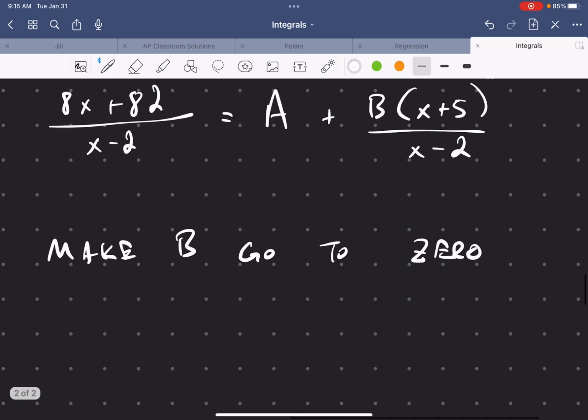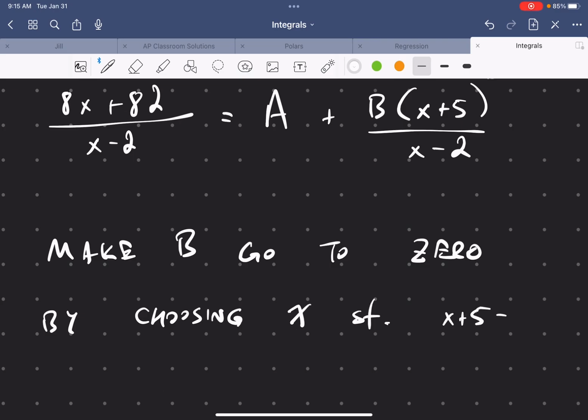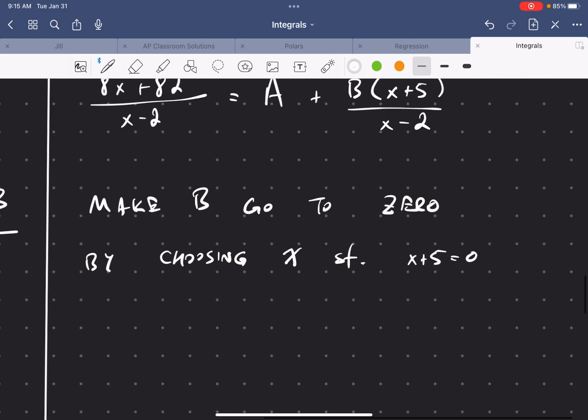So if x plus 5 equals 0, you could subtract 5 from both sides. That means that x is equal to negative 5.